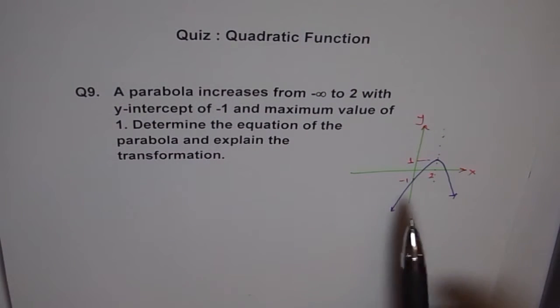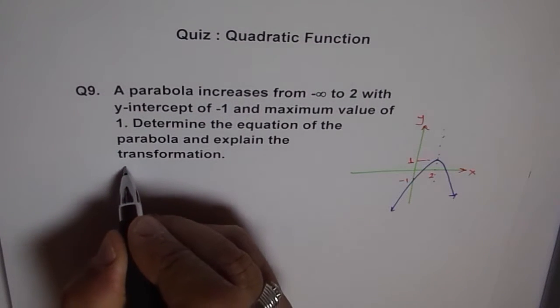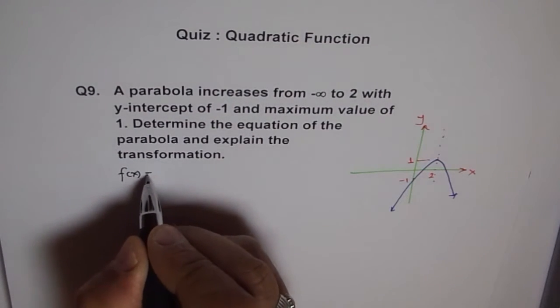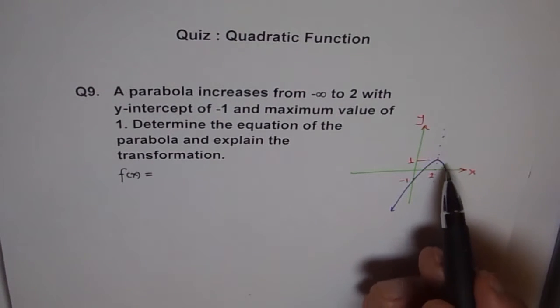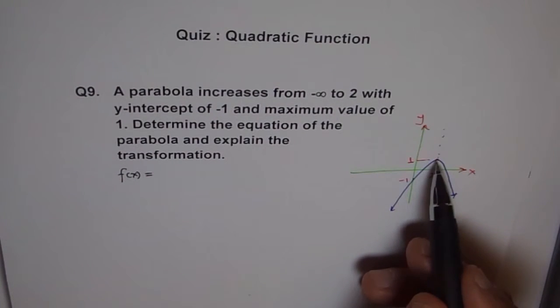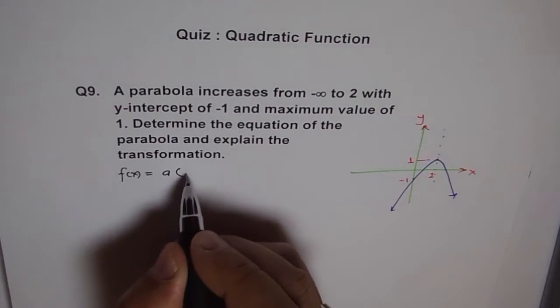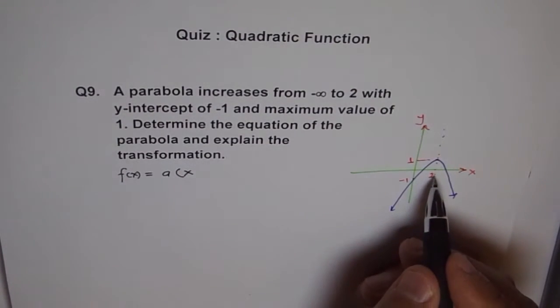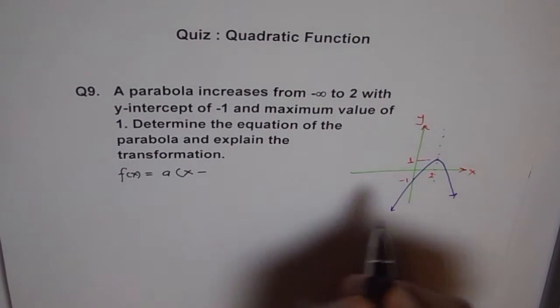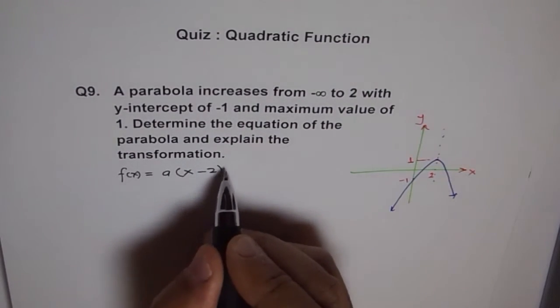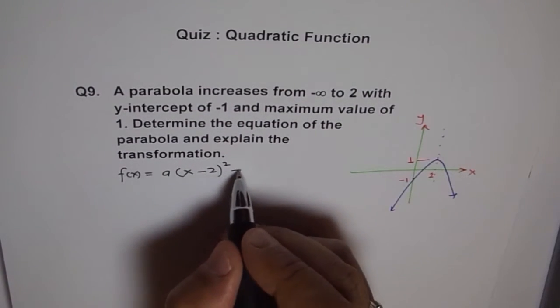If we are given this parabola, we can find its equation. Let's use the vertex form, since the vertex is given to us. f of x equals a times x minus 2, because 2 is the x value, squared, plus 1.